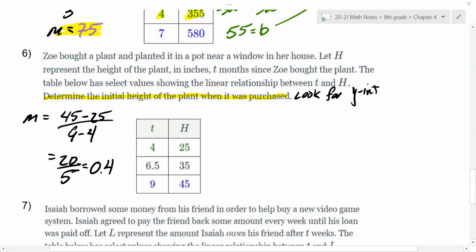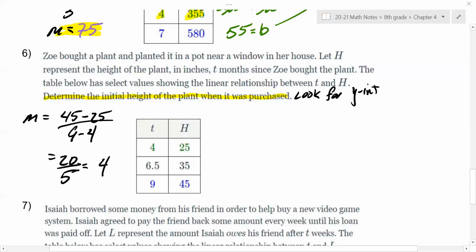So 9 minus 4 is 5. 10 over 2.5, so it would be 10 divided by 2.5 is 4. Okay, I was off by a decimal in last period.